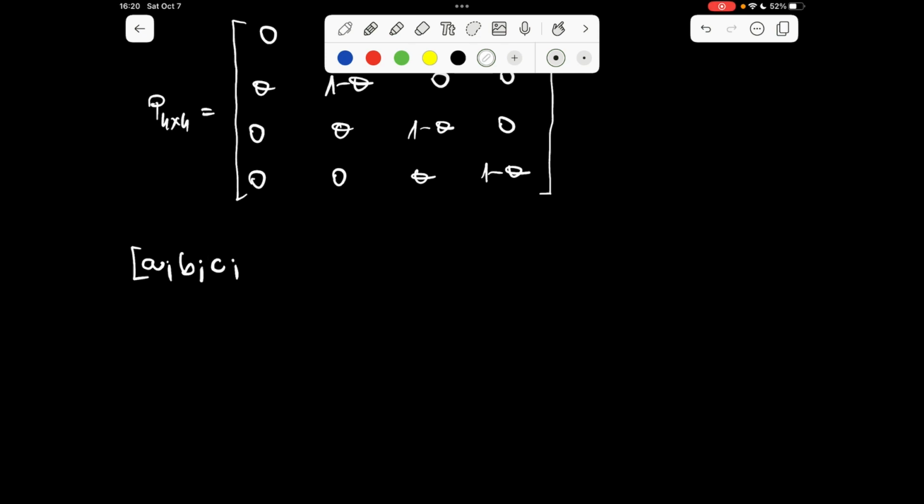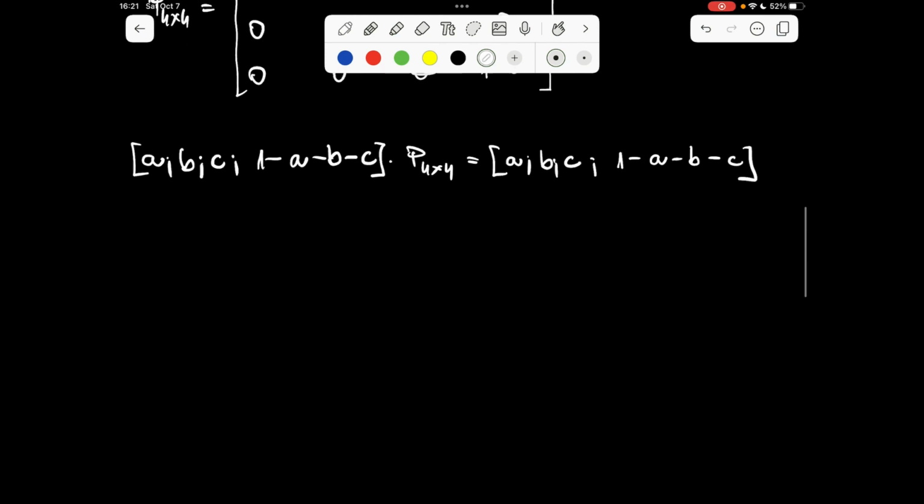I am writing this unique invariant distribution. It's a 4-element vector, the sum of the elements of which is 1, and we are supposed to get back the same probability vector.